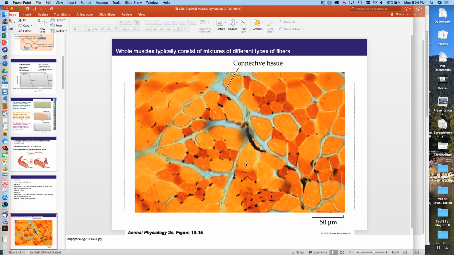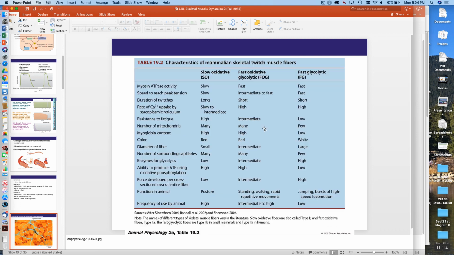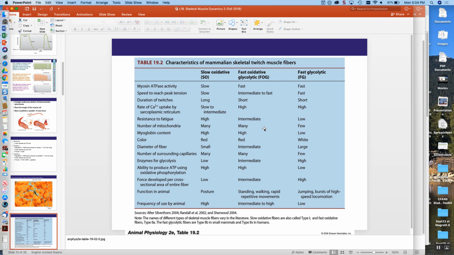They're the white meat of any animal. Not a lot of myoglobin, not rich in blood supply. So they are powerful muscles, but they fatigue very easily.